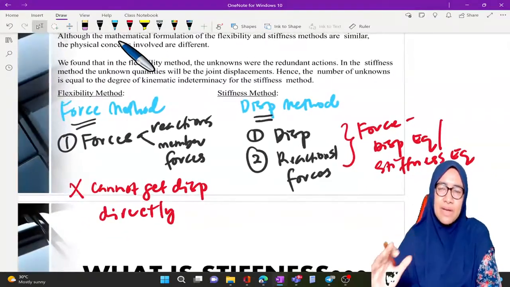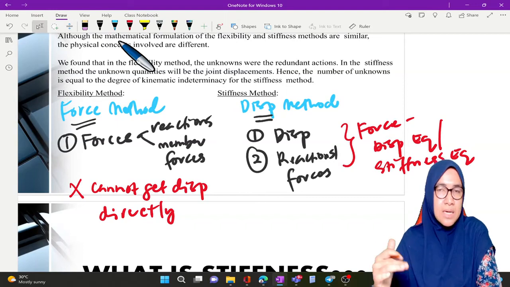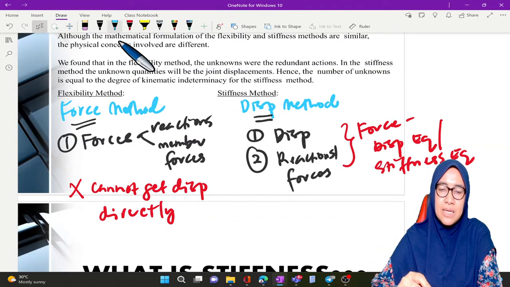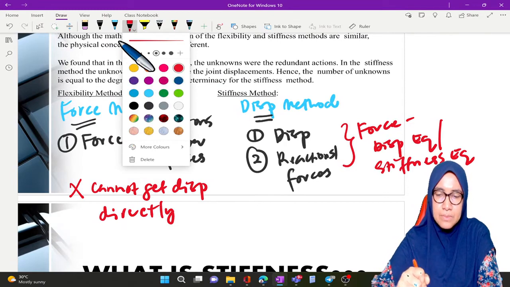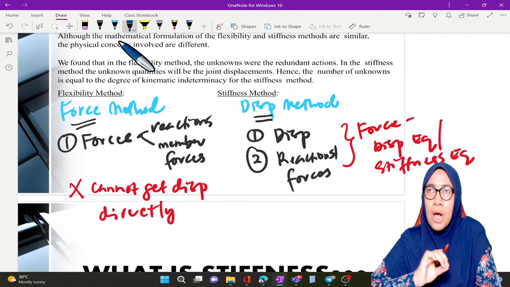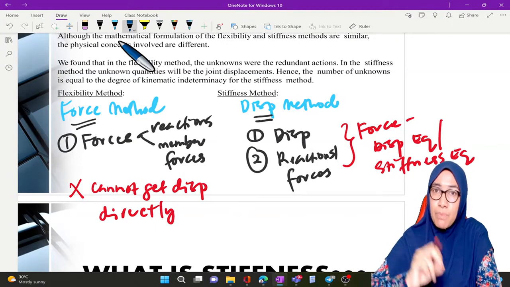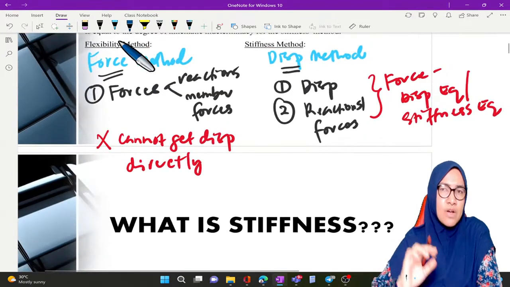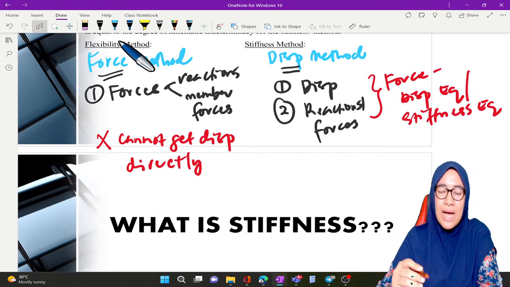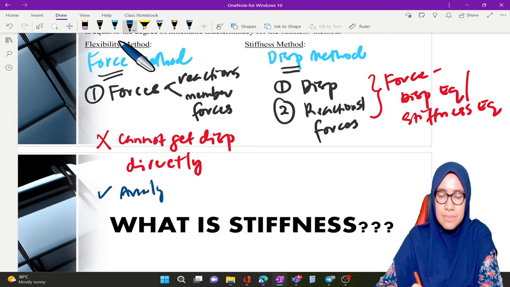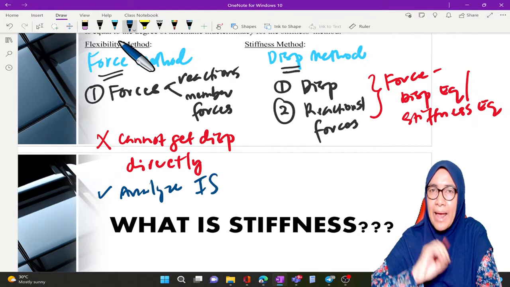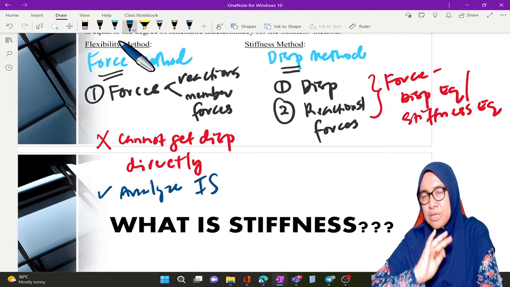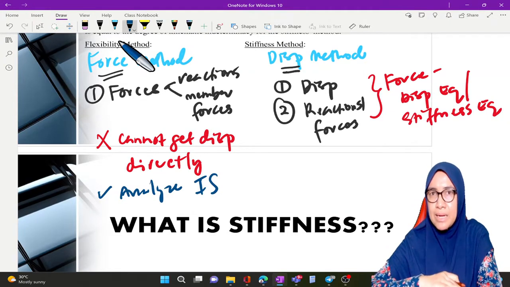Another advantage of the stiffness method is that we can analyze both determinate and indeterminate structures. The force method, or flexibility method, we use to analyze indeterminate structures whenever the three equilibrium equations are not enough to calculate reactions.